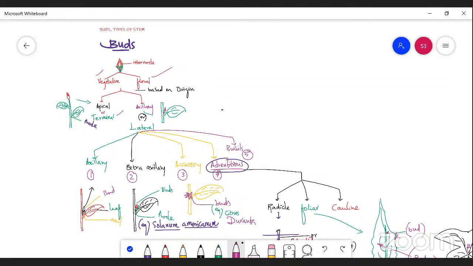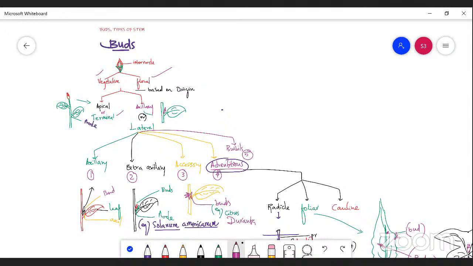The axillary buds, as I explained very clearly, are the buds found in the leaf axil part on which buds are formed. Extra axillary means more than one bud arises in the leaf axil part. That is called extra axillary bud.